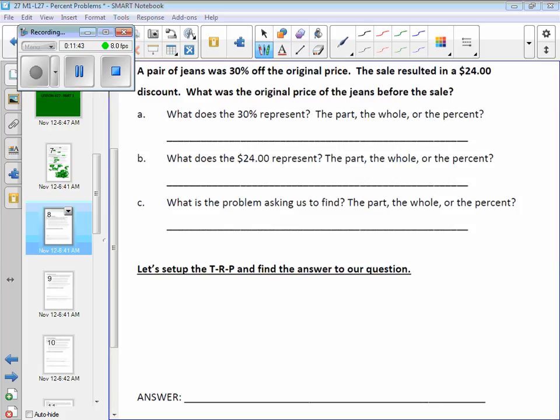Marcus. Good. $24. Part or whole? Well, agreed. Trying to find, obviously, the only thing that's left, which is the whole.